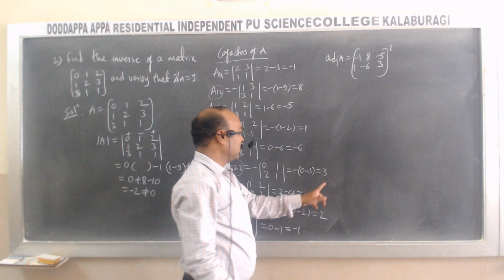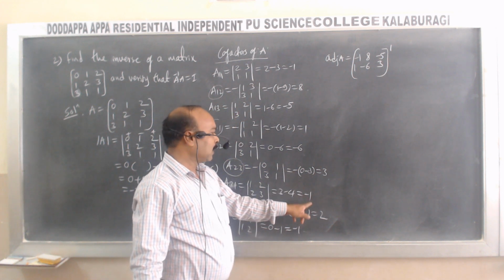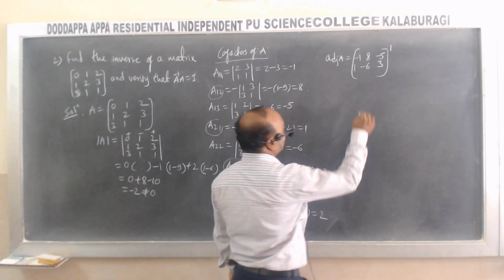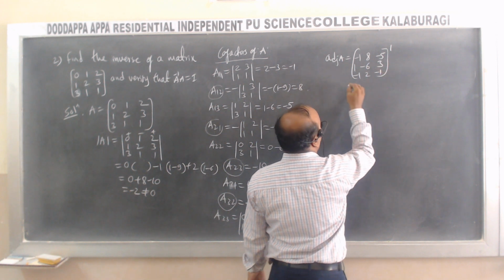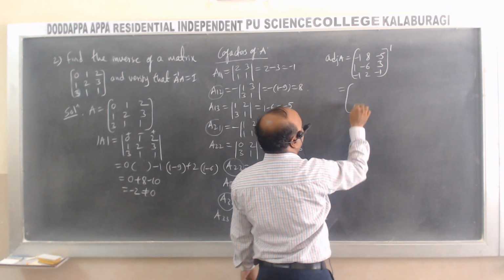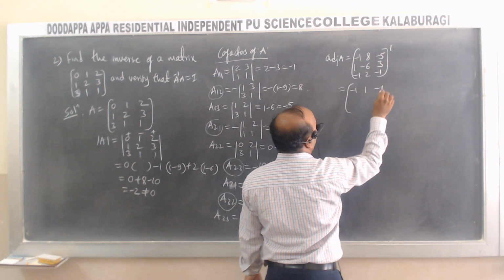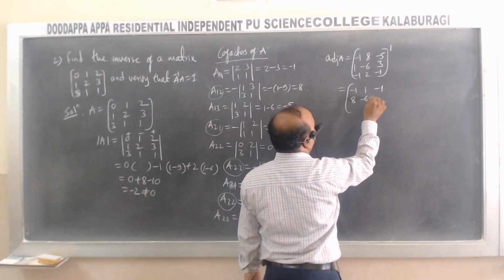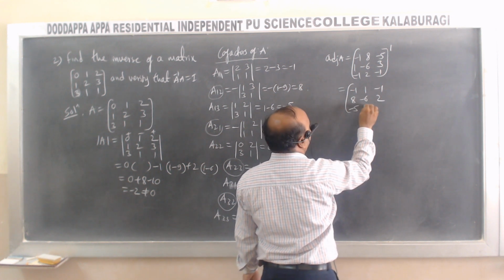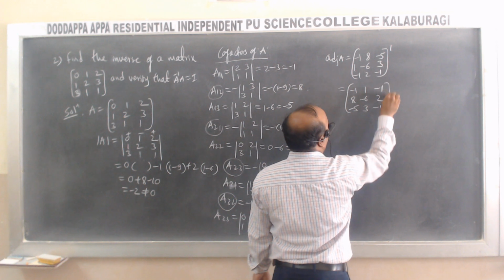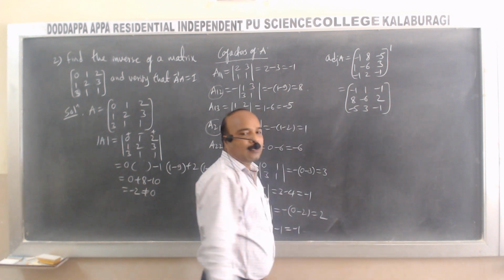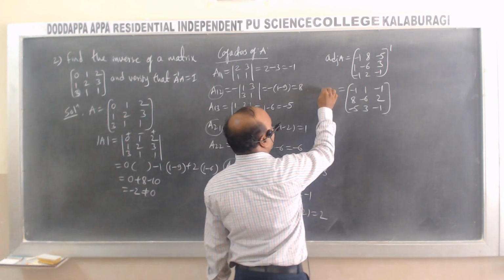Third row, minus 1, 2, minus 1. By transpose of this we get minus 1, 1, minus 1, 8, minus 6, 2, minus 5, 3, minus 1. Now it is adjoint of A.